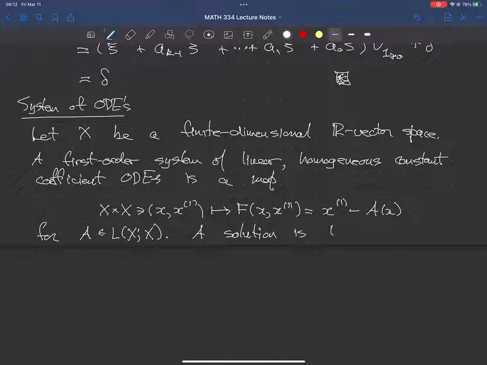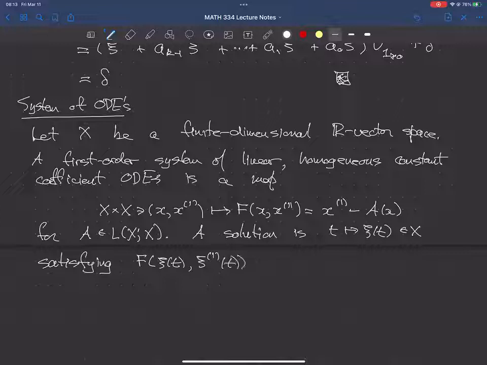is T goes to, and again, I distinguish, so X here is an element of the vector space. Previously, they were scalars, but now they're elements in the vector space X. So X1 is in X and X is in X. Okay. And a solution is a curve in X satisfying f of c of t, c again, first derivative of t equals 0.